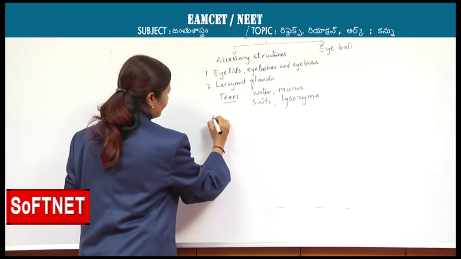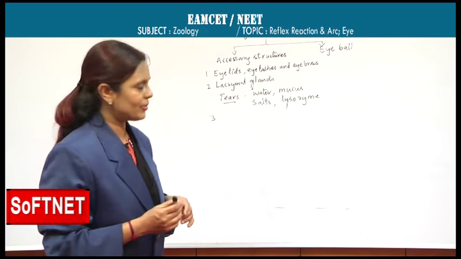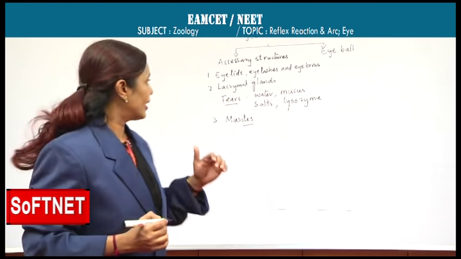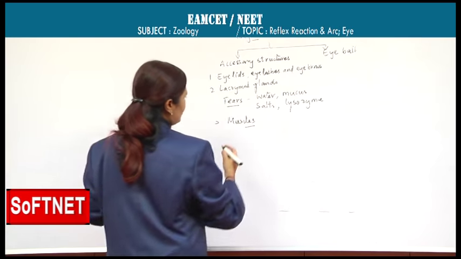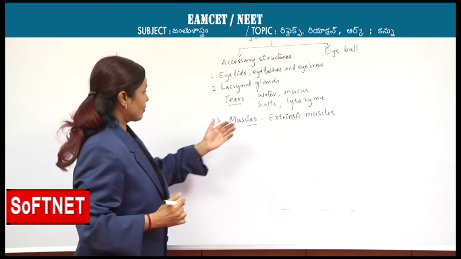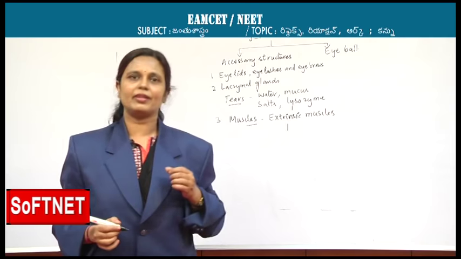Next, associated with the eyeball, there are also muscles. Muscles present outside the eyeball and connecting the eyeball with the orbits, you call them extrinsic muscles. These extrinsic muscles are basically of two different types.